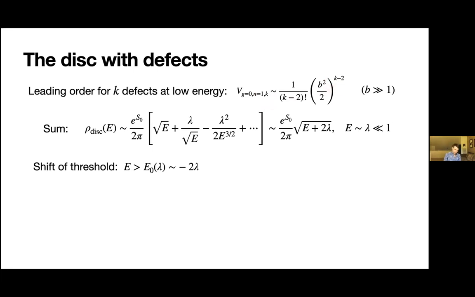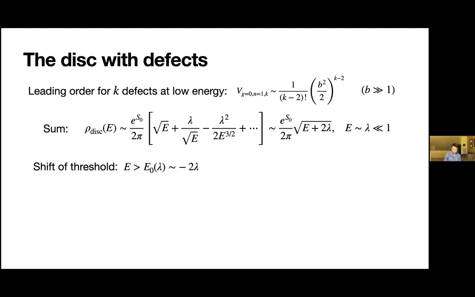It turns out these just become a binomial series. So they become this square root of E plus 2 lambda. In particular, this is supported for energies bigger than minus 2 lambda. So what it's done is kept this distinctive square root edge, but just shifted where it is. The threshold has moved to minus 2 lambda.